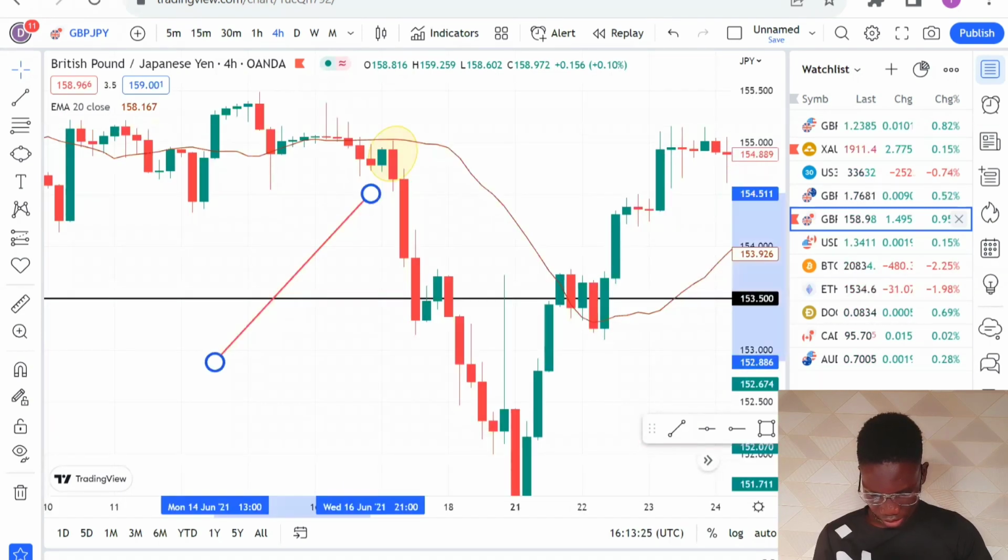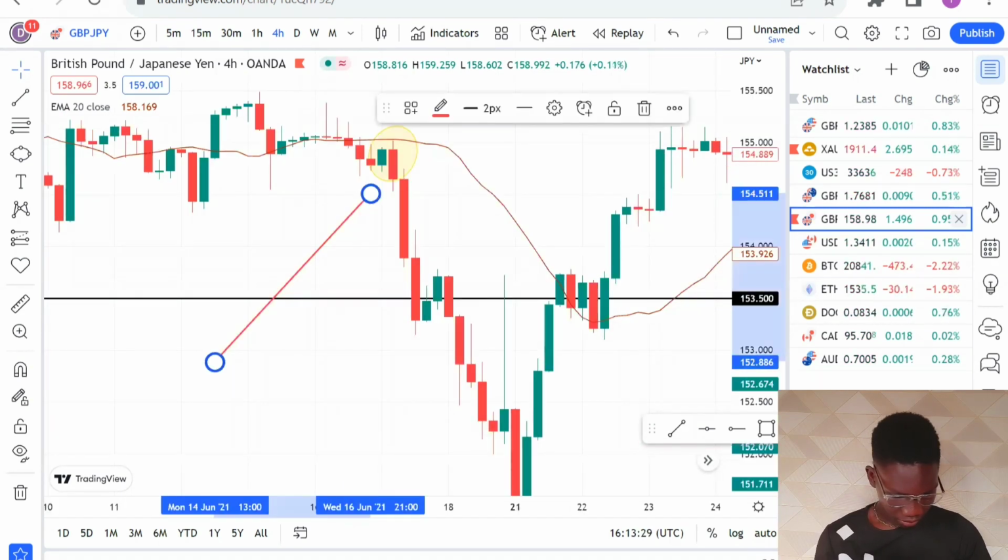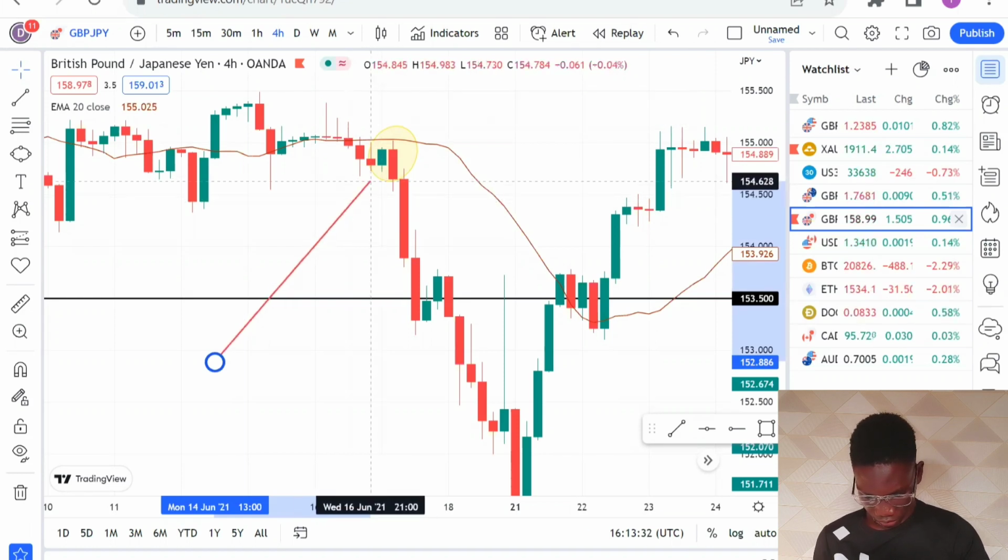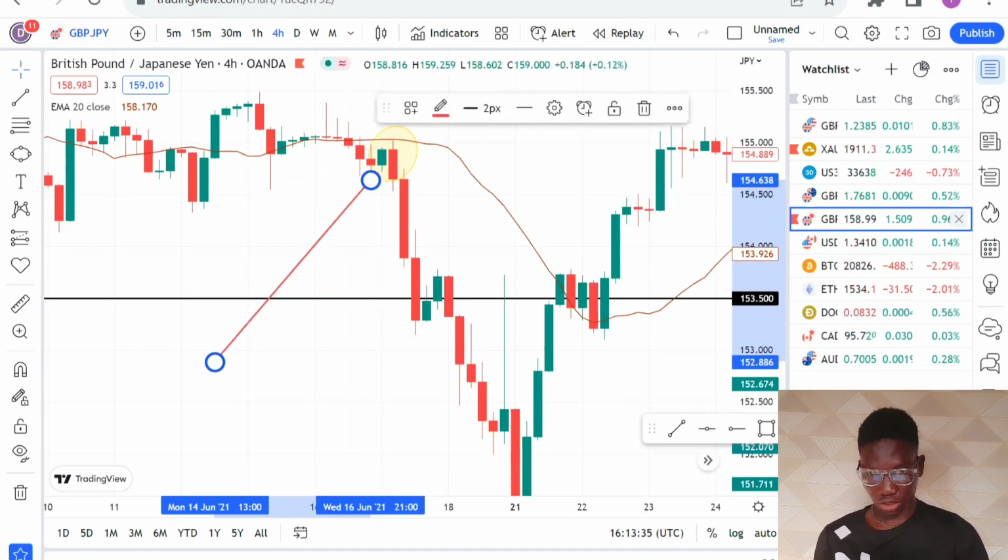On the other hand, guys, we have a bearish engulfing right here. A shorter bullish candle and a longer bearish candle shows that there is a bearish engulfing.